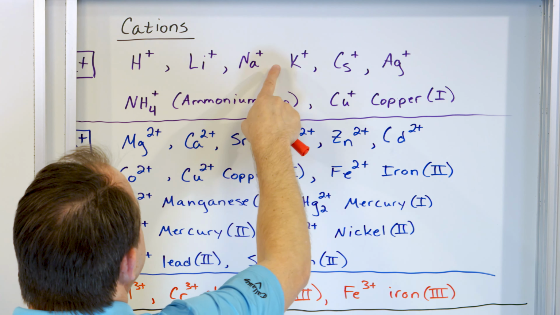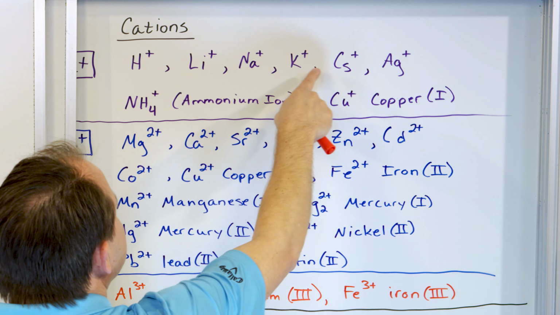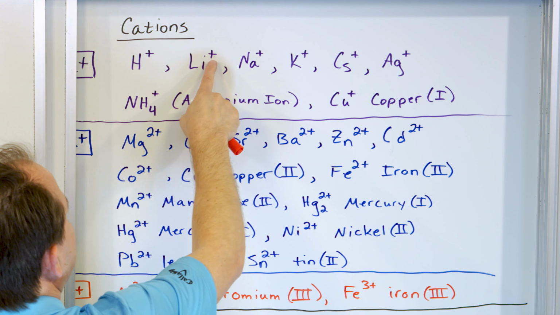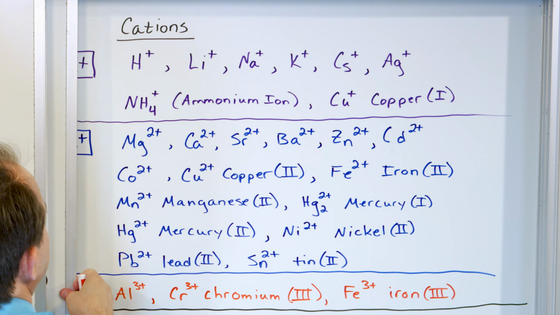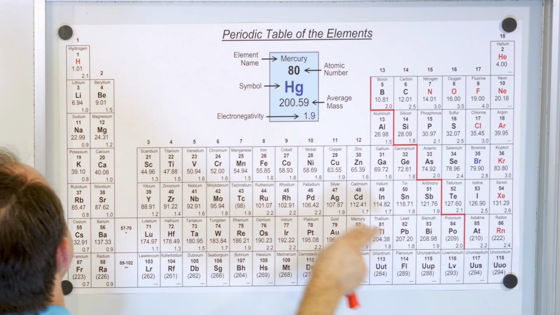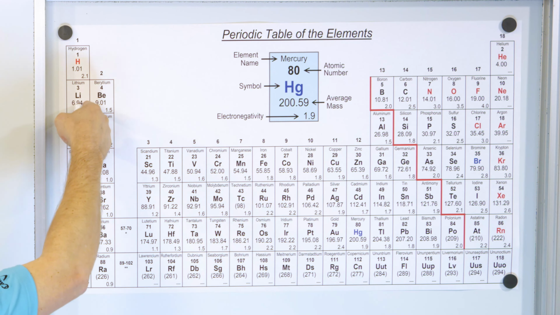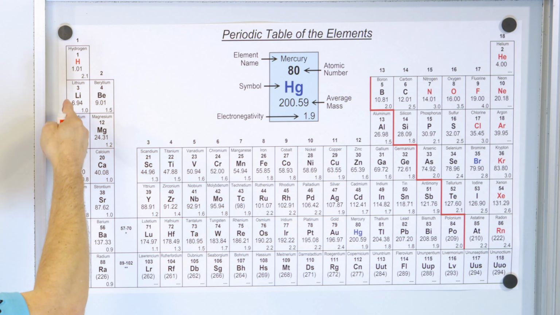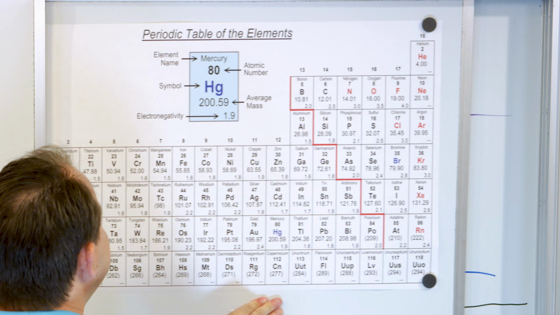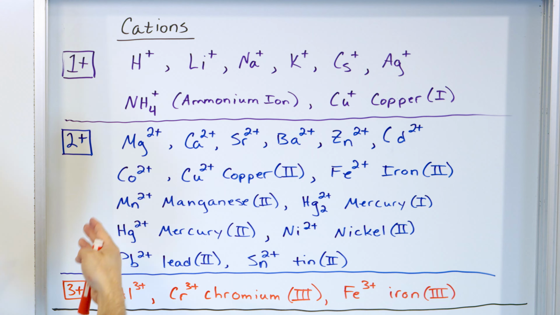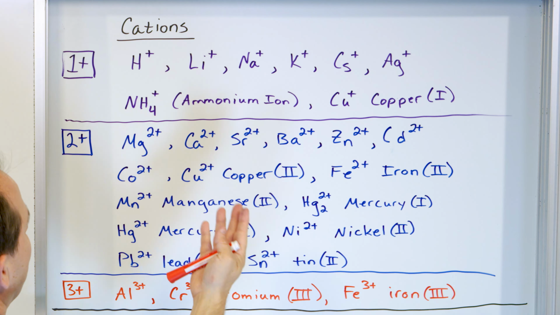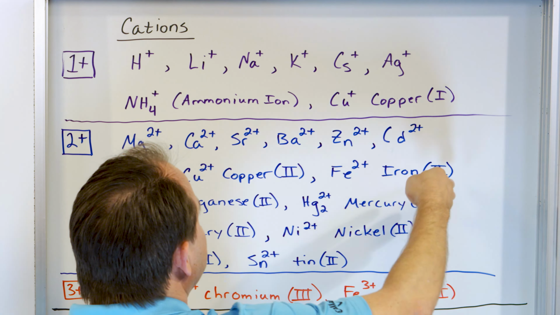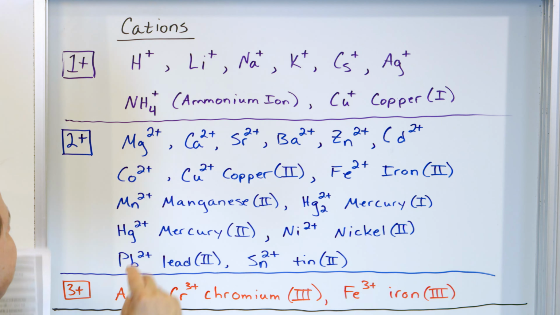Lithium and sodium and potassium, if they lose a single electron, they're going to have a positive charge left over. So lithium, sodium, potassium. Notice I told you that everything in the first group likes to lose one electron. So this table is really kind of spelling out what I've already told you in words, that you can predict the charges oftentimes from the positioning on the table.